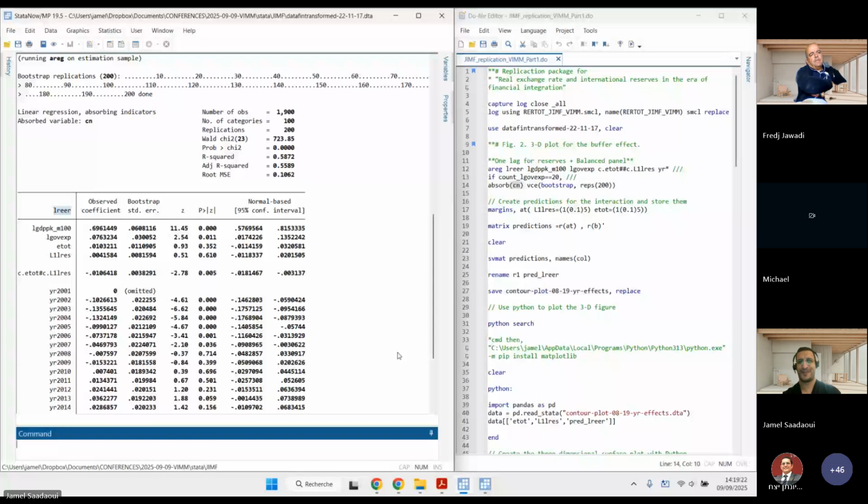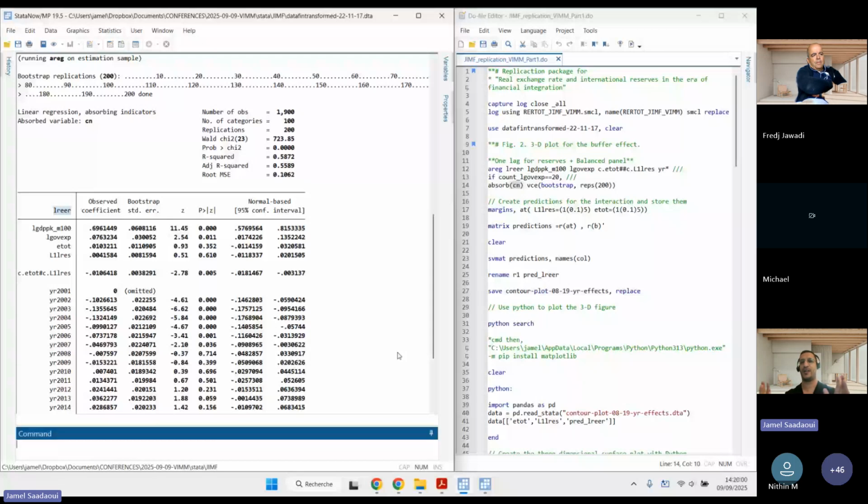Hello. I just want a clarification regarding what is areg. Normally we use reg, right? So is areg something different from normal regression? Oh yeah. areg is a command in Stata helping you to estimate a panel regression model with high dimensional fixed effects. So with areg you can include an individual fixed effect and a time fixed effect.